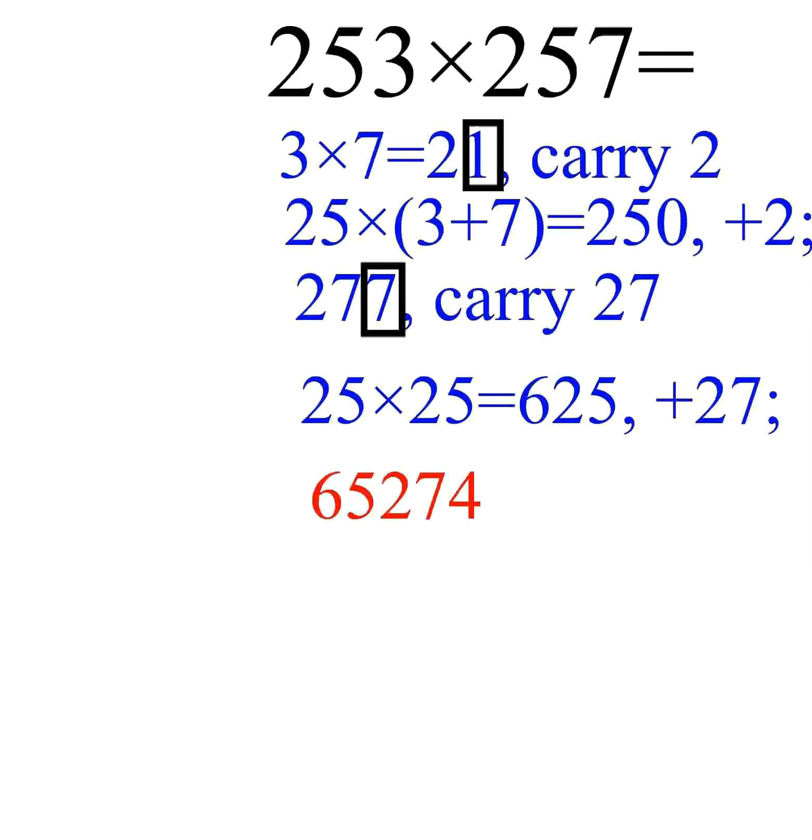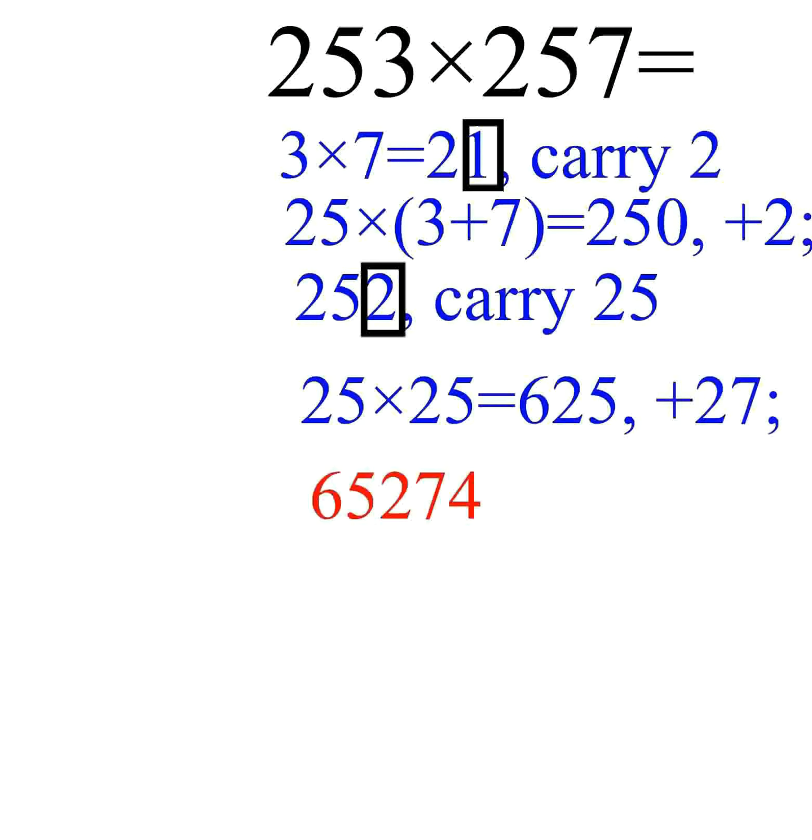250, plus the 2 we carried in the first step, would be equal to 252. And here we carry 25 instead of 27, as in the last example.